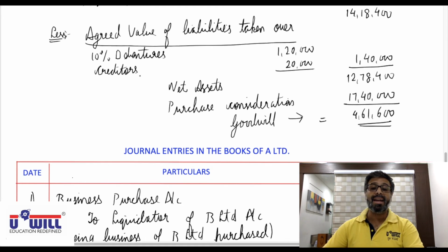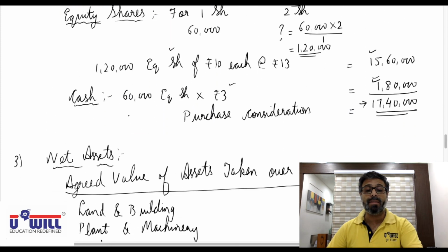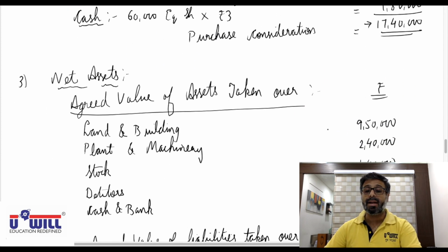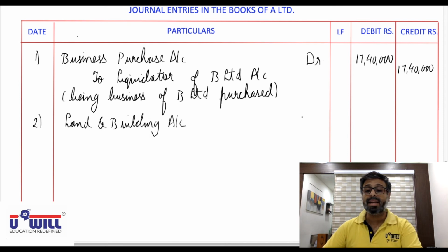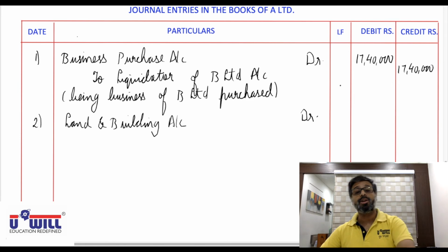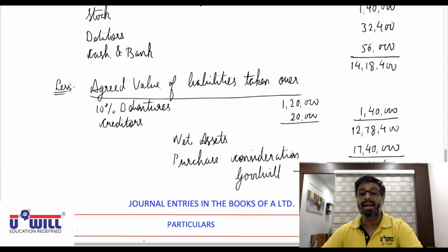Okay. Now directly from this workings we will pass the journal entry. Assets account debit, so straight away land and building account debit 9,50,000. Okay, assets account debit at agreed values we are doing which method of accounting? Purchase method of accounting. So there we have to take assets account debit excluding fictitious assets, other non-current assets and other current assets, and at agreed value.